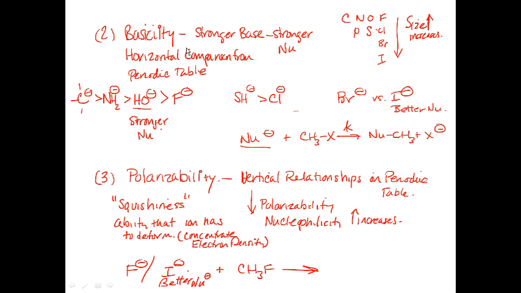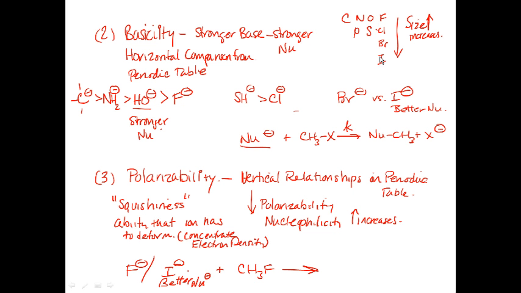So depending upon the relationship between your elements or ions for the nucleophile, if it's horizontal, you go on basicity. If it's vertical, you go on polarizability. Going across, ions to the left are stronger nucleophiles.